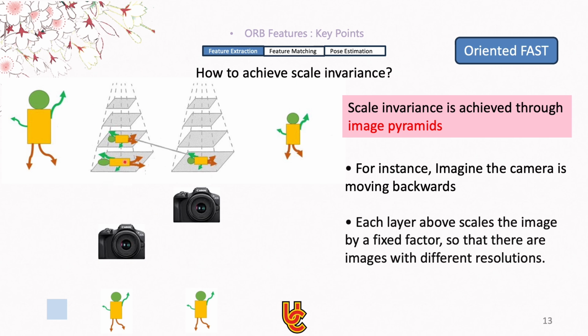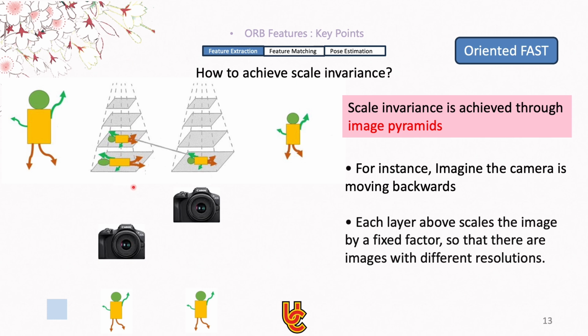How to build the pyramids? Each layer has a fixed factor to scale the image. For example, this image may be 0.8 of this one, and this image is maybe 0.8 of this one, and so on. There are images with different resolutions in one pyramid.